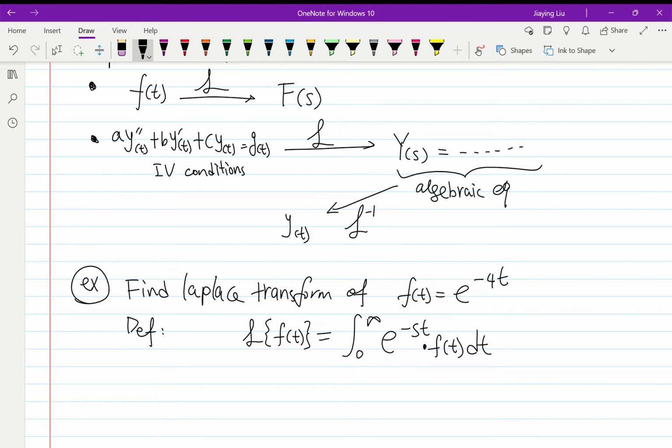This definition is well defined. You can't change anything. When you use it, you have to make sure it's in this form. S here is obviously the variable, but when we integrate with respect to t, we treat this s as a constant. But keep in mind that at the end, s is not a constant, it's a variable.